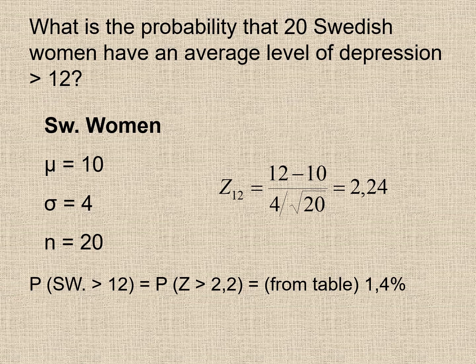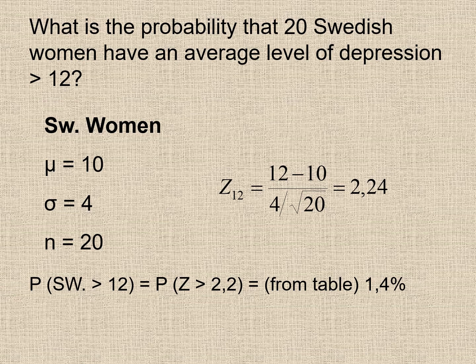And we get a z-score of 2.2. So in order for this to happen, we will need a sample with a mean that is at least 2.2 standard errors above the population mean. And what is the probability of this happening?